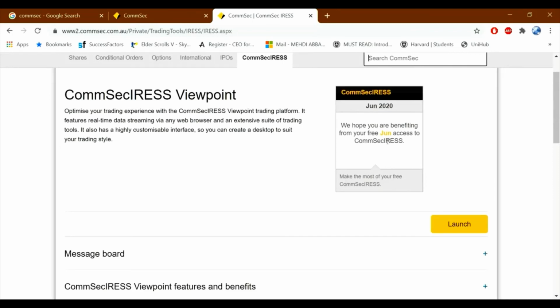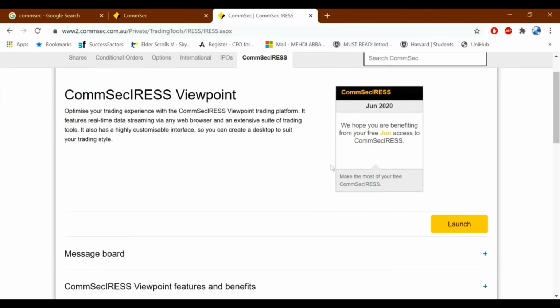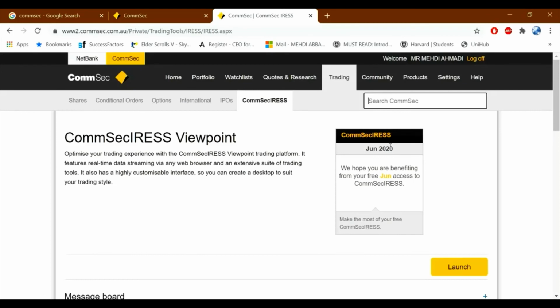You do have to pay for CommSec Iris independently of CommSec, but if you do a lot of day trading, they will give it to you for free, and this is done on a monthly basis. So if you're actively trading, most likely CommSec Iris will be free for you to use.